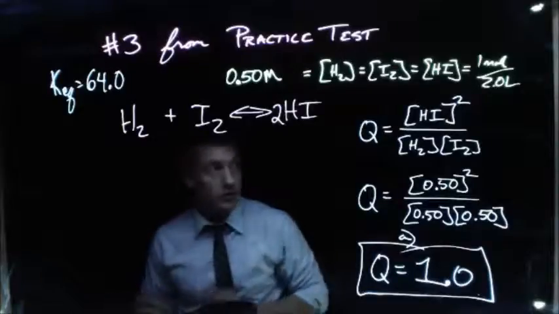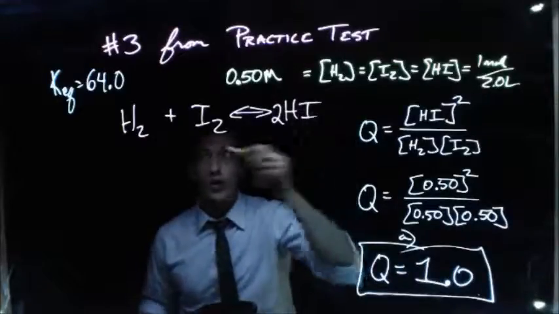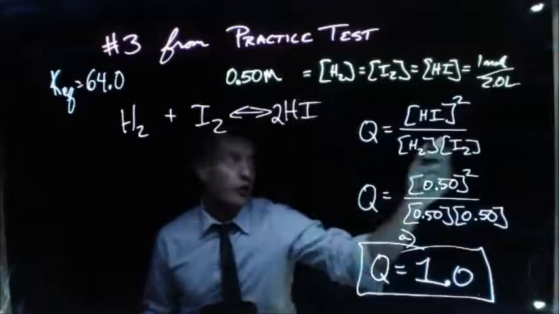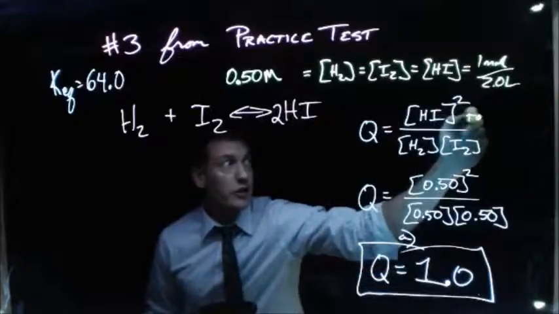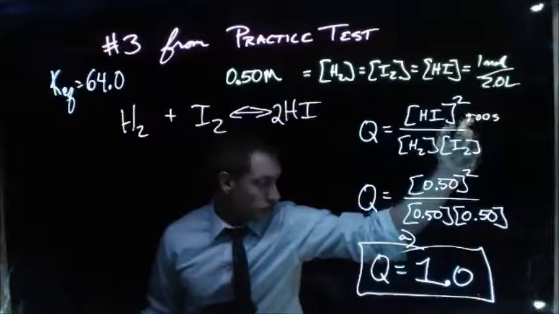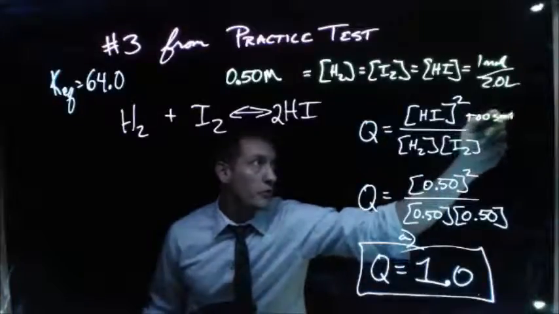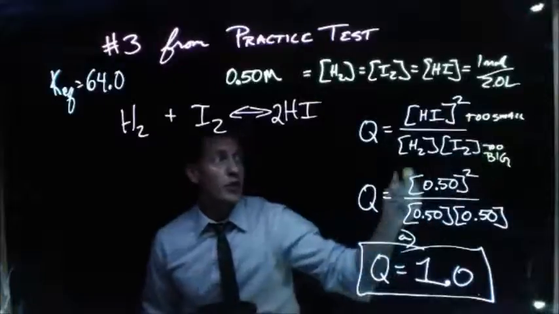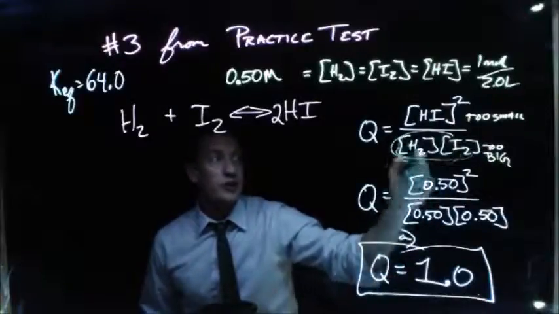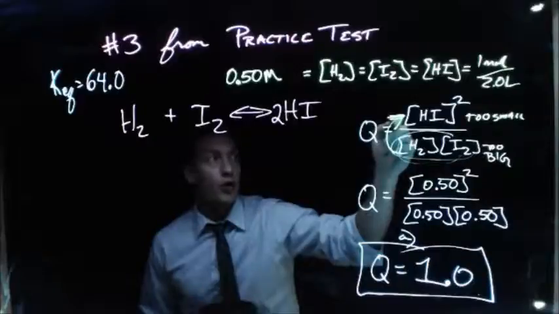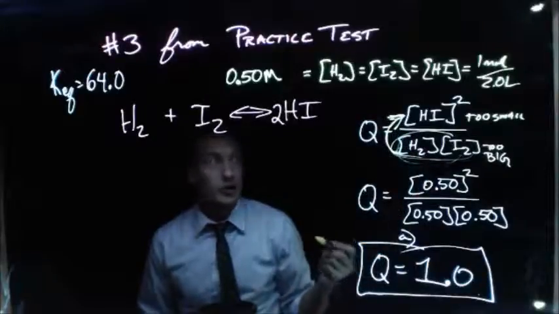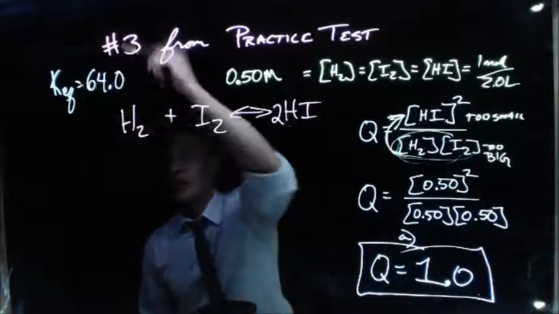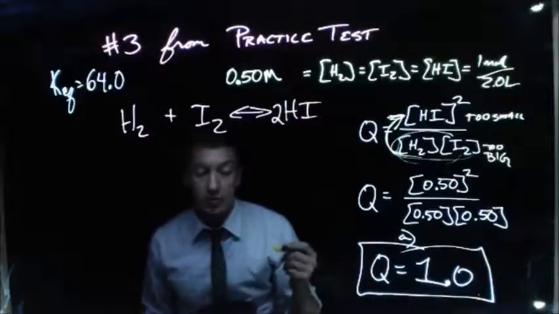That means at our current 0.50 molar of everything, this is too small, and this is too big. So some of these reactants need to break down and form more of the products. So which way is the equilibrium going to shift? Answer to B would be towards the products.